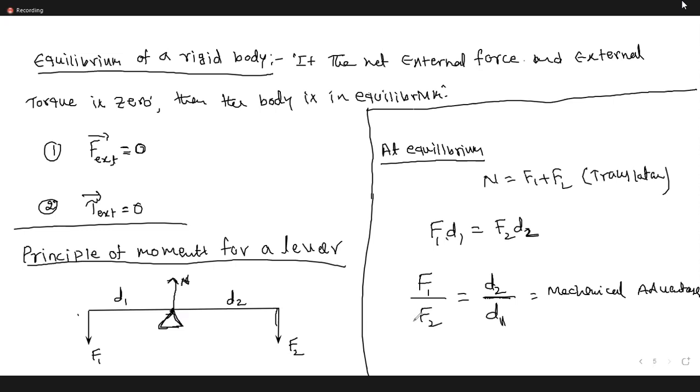F1 equals F2 times D2 by D1. I am not increasing the force F2. I apply the same force but only change the distances. By changing the distance I can increase the force F1. That is nothing but mechanical advantage. Understood?